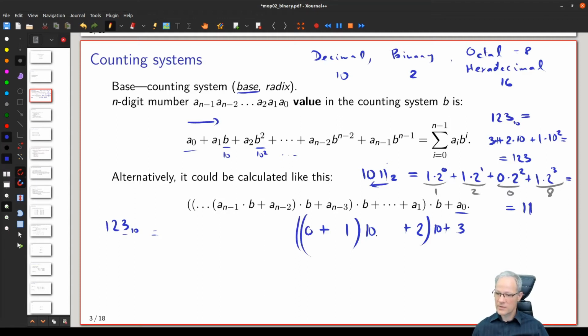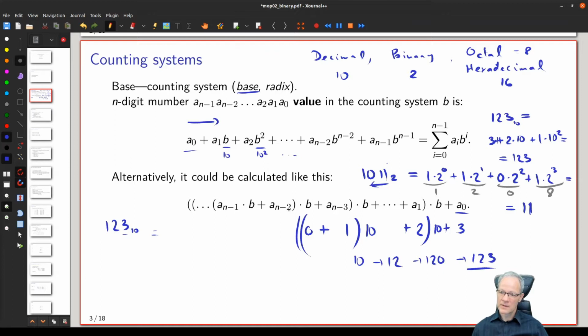So let's use all the parentheses to close it up, and now we can calculate. 1 times 10 is 10, plus 2 is 12, times 10 is 120, plus 3 is 123, right? So it's the same result.